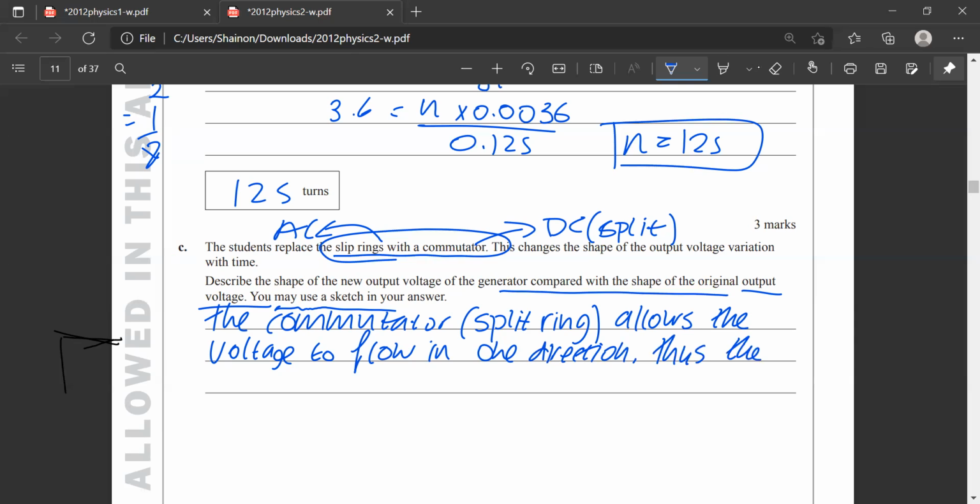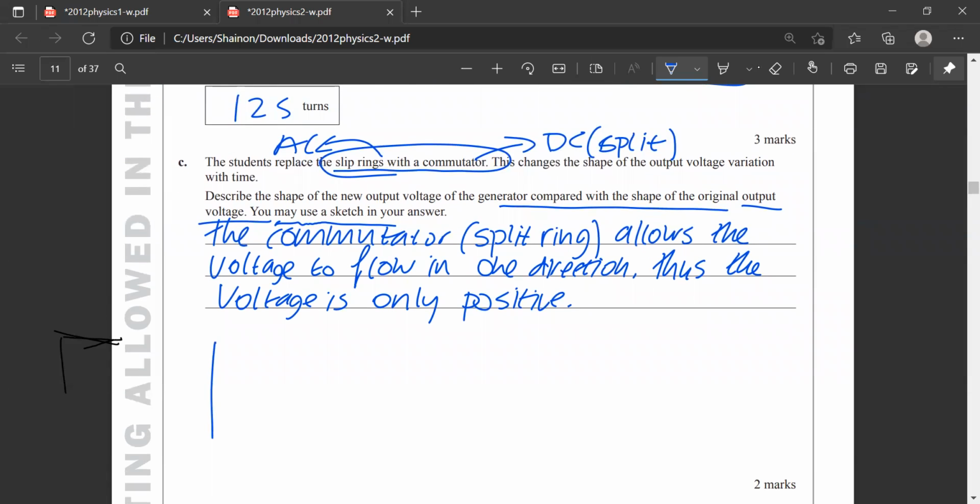Thus, the voltage only positive, and I drew a diagram. Present this. So I did this. AC.